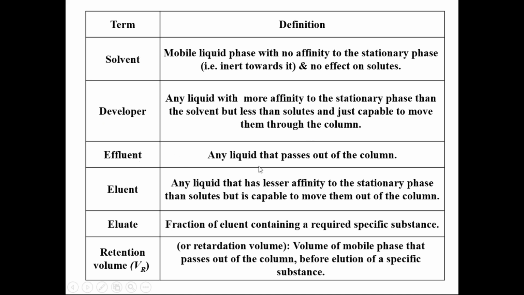The effluent is any liquid that passes out of the column. The eluent is any liquid that has a lesser affinity to the stationary phase than solutes, but is capable of moving them out of the column.